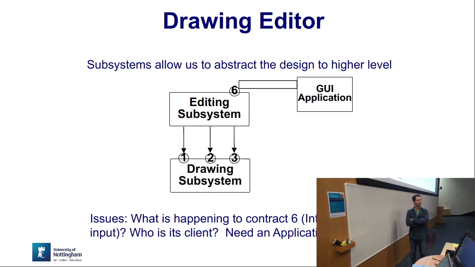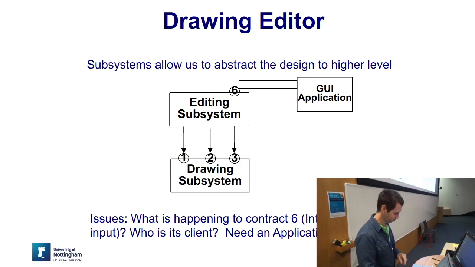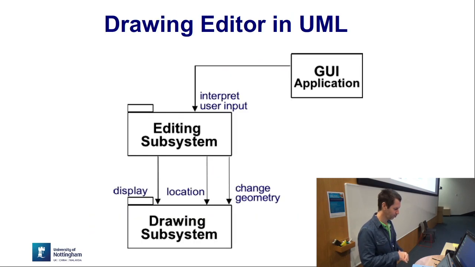You have user inputs coming in, you have input and output from the data subsystem, and there's something in the middle, it's the processing. What do you do with the user input and the data that you're storing and getting? You process it. Something is processing it. That's the other subsystem, right? That's the drawing editor in UML: GUI, editing, drawing.